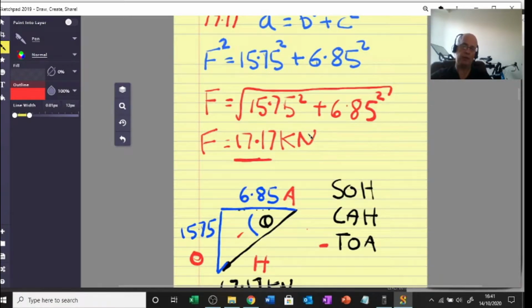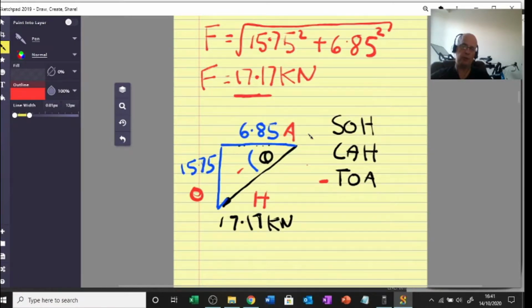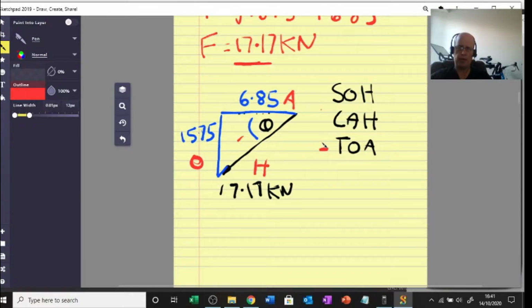So I'm not going to use 17.17 because I'm not sure if it's correct. I'm going to use O and A, but you can use what you want. You could draw the triangle by hand and it would work out, or I suggest you use tan and then check by using sine or cos, just to make sure you're correct. I'll use tan.